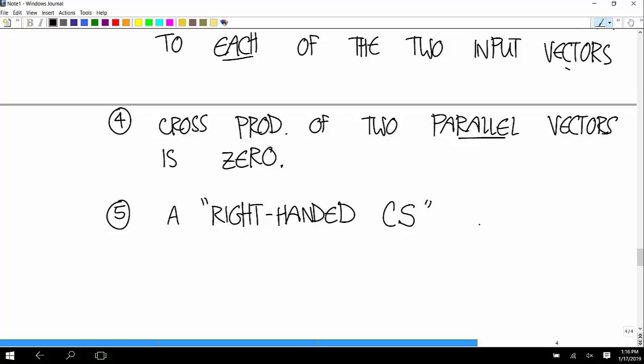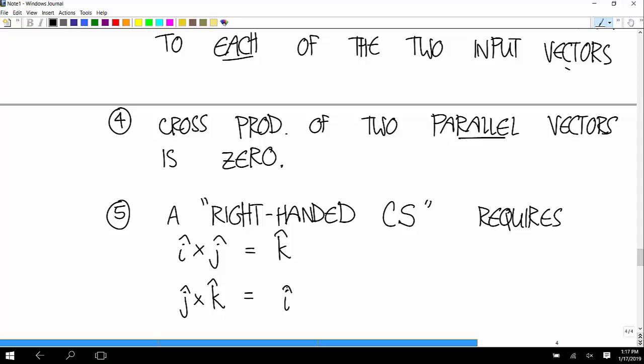A right-handed coordinate system requires that I cross J is equal to K. J cross K is equal to I. And then I'm leaving a space here for the weird one, Gillian Anderson axis, which says I cross K is equal to negative J.